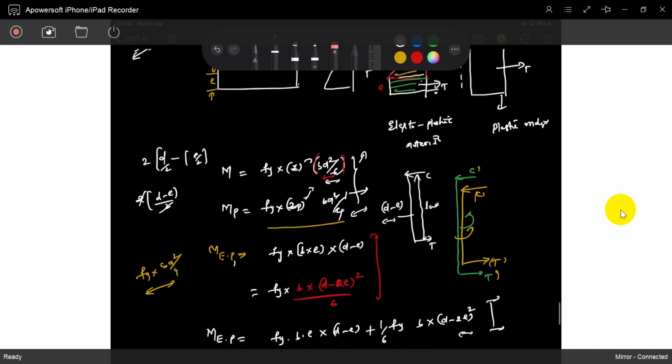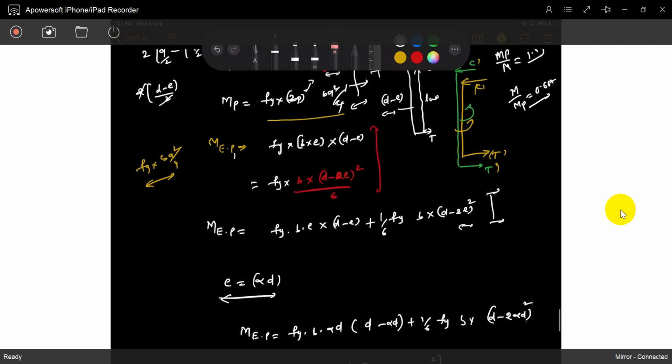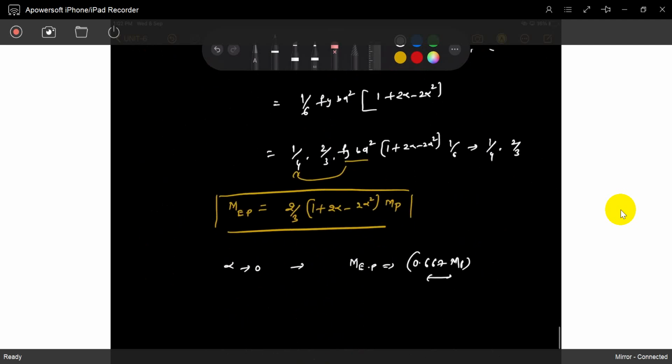Otherwise, for the rectangular section, what is ZP by Z, that is MP by M? It's 1.5. What is M by MP? It is 0.67, that is 4 by 6. That is the same. If alpha is 0, that means fully elastic, and MEP is 0.67 of MP.